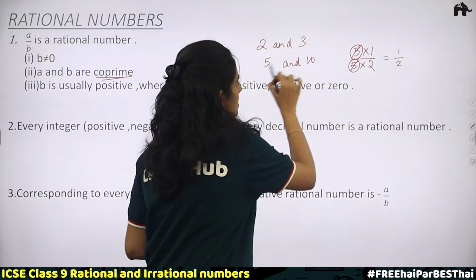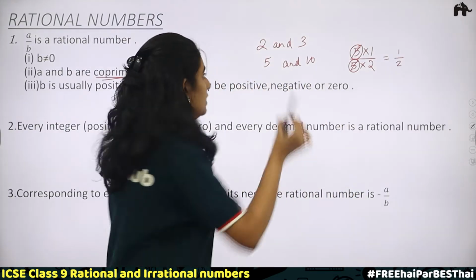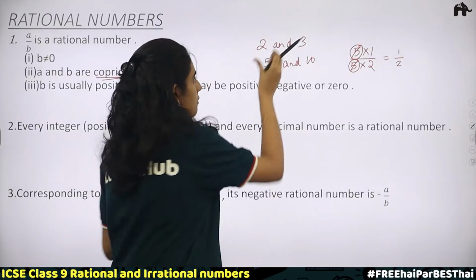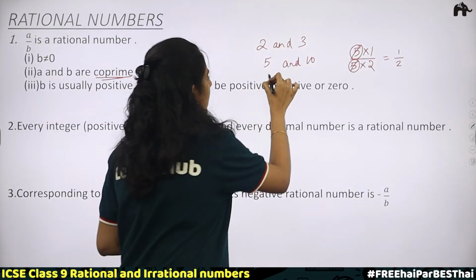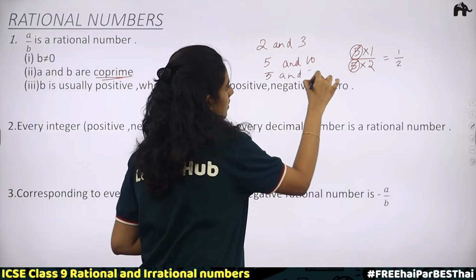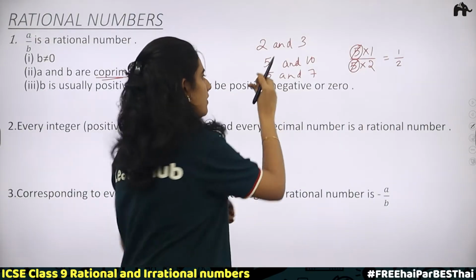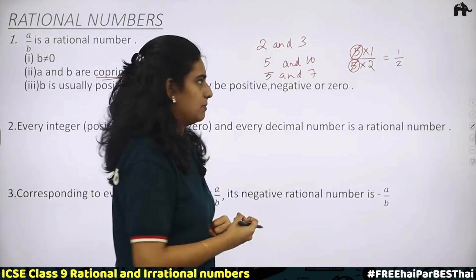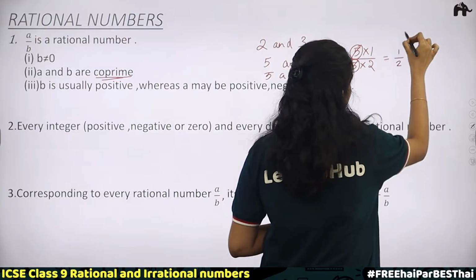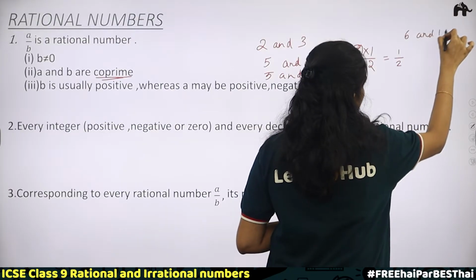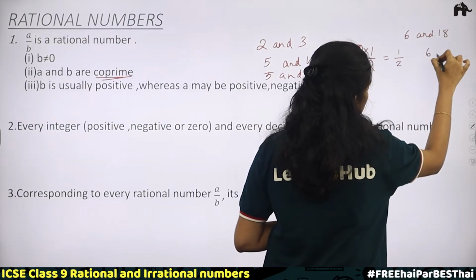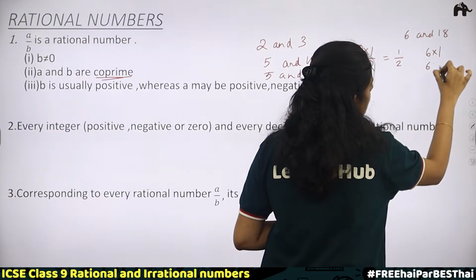So these numbers are not co-prime, but these are co-prime because there is no common factor to them. Okay. 5 and 7. What about 5 and 7? 5 and 7 are also co-prime numbers. Then if you take 6 and 18. 6 is 6 into 1 and 18 is 6 into 3.